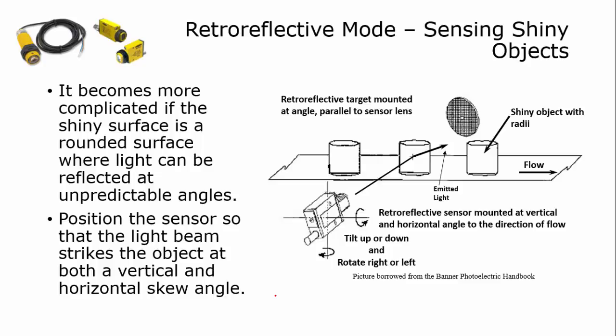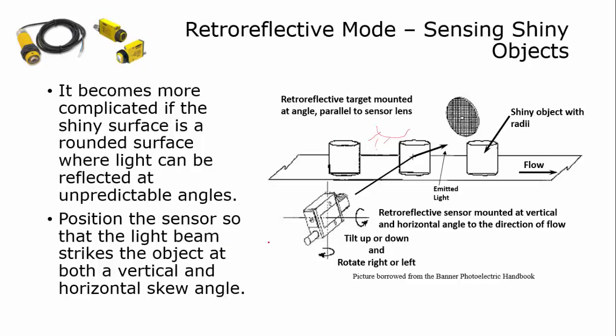You could also do shiny objects which are cylindrical. If you think about a cylindrical object, as these go past this retroreflective sensor, because this surface is curved, when the light hits, it's going to be coming back at all different kinds of angles. So it's very possible that one of those angles will have light getting back to the receiver.